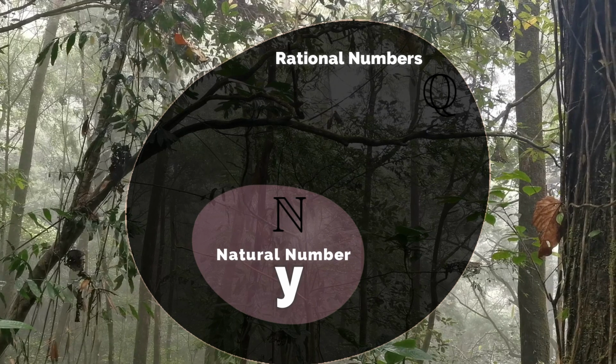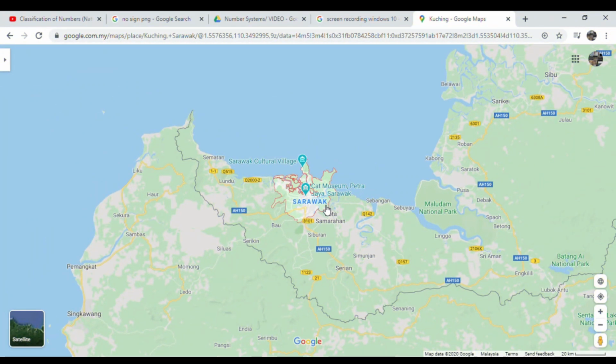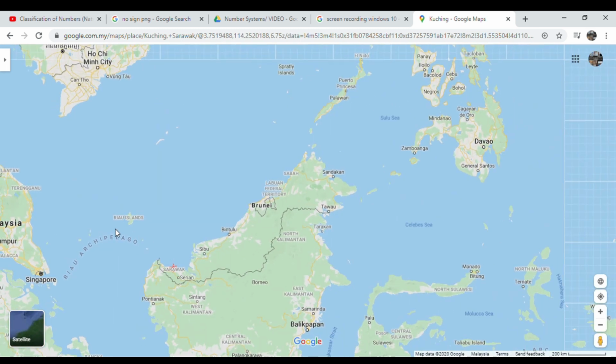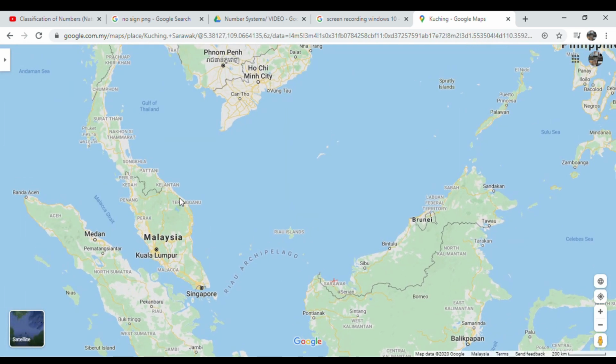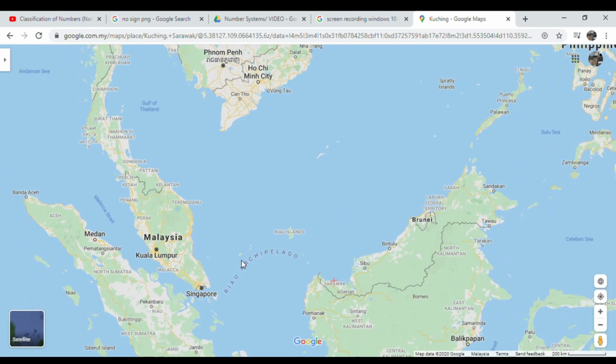The other way to look at this set of number systems is by looking at locations. So let's say if you are in Kuching, that means you are also in Sarawak. It also means that you are in Malaysia. But if you are anywhere in Malaysia, that does not necessarily mean that you are in Kuching.